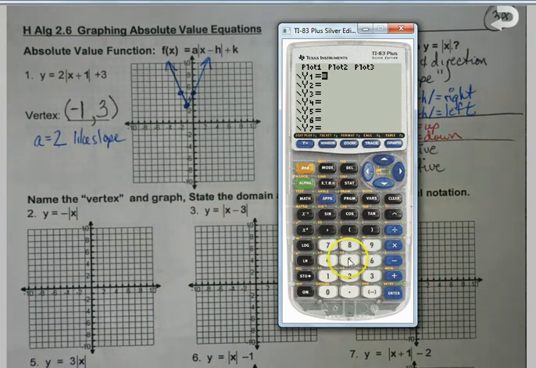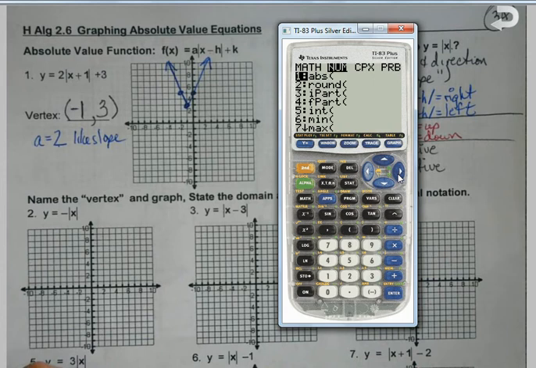So when I get here, my coefficient's 2. How do I signify this, because I can't use parentheses since they're absolute value bars? To get there, I'm going to hit math. I'm going to arrow over to NUM, which is my numeric menu, and you'll notice the very first thing there is ABS, which stands for absolute value.